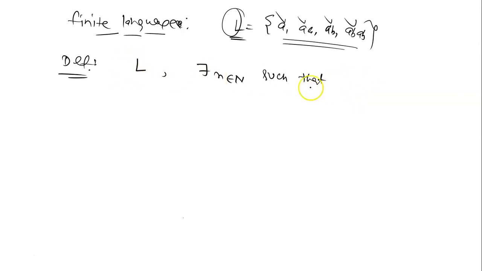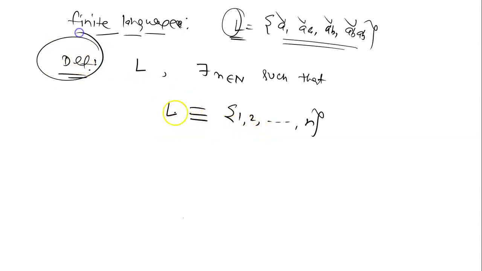Basically, consider this set 1, 2 and so on up to n. We can say that there is a bijection between L and this set. So this is the definition.